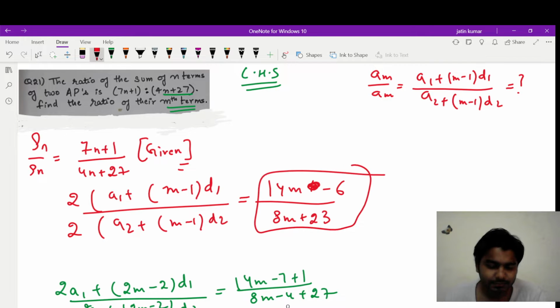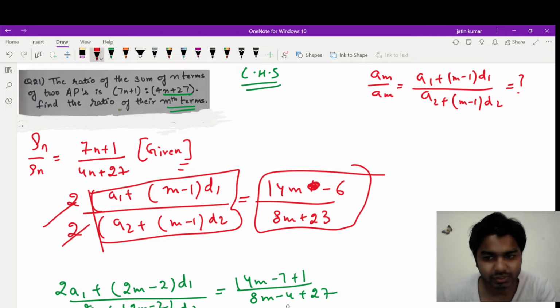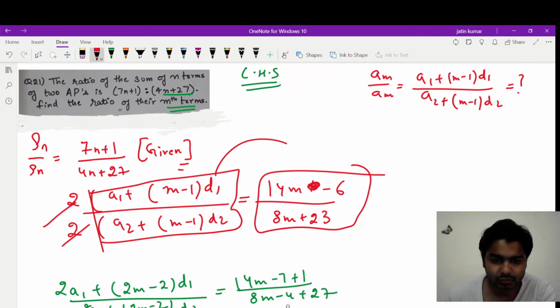So 2 and 2 will get cancelled and we have got our required equation: (a1 plus (m minus 1) d1) upon (a2 plus (m minus 1) d2). This we needed to find, and we have got the value also, (14m minus 6) upon (8m plus 23). This is our final answer.